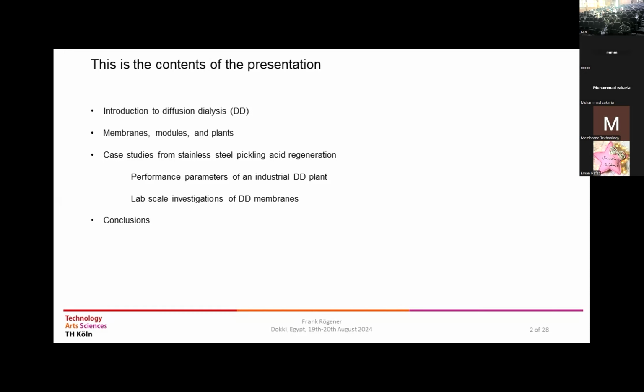One is concerning the performance of a continuously running diffusion dialysis plant that was investigated over a period of 3 or 5 years regularly. And the second one is closely related to this. These are lab experiments concerning the fouling behavior, or the behavior of fouled membranes in comparison to new membranes, on lab scale.